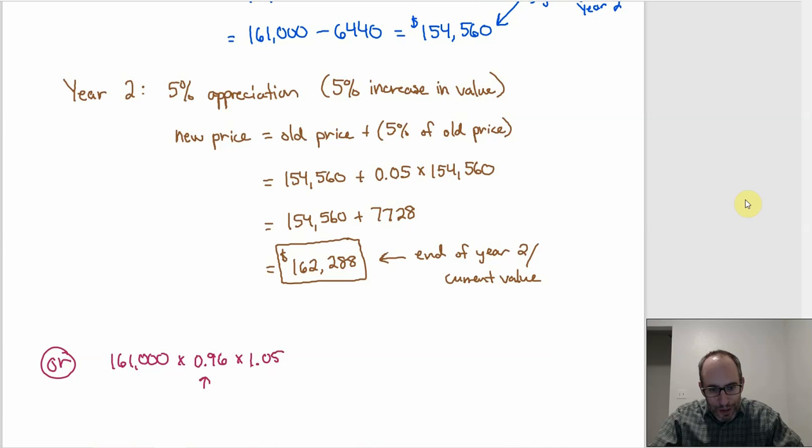So there's the 4% decrease, and then here is the 5% increase. If you multiply this out, it is 162,288, and you'll get the exact same thing.